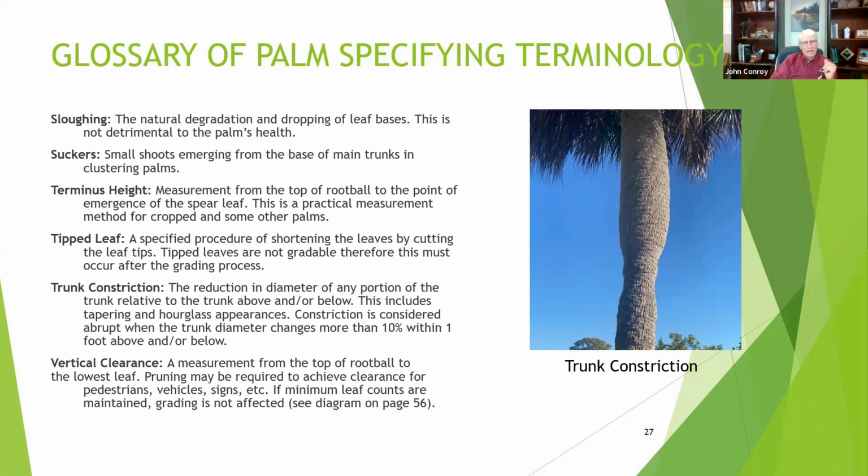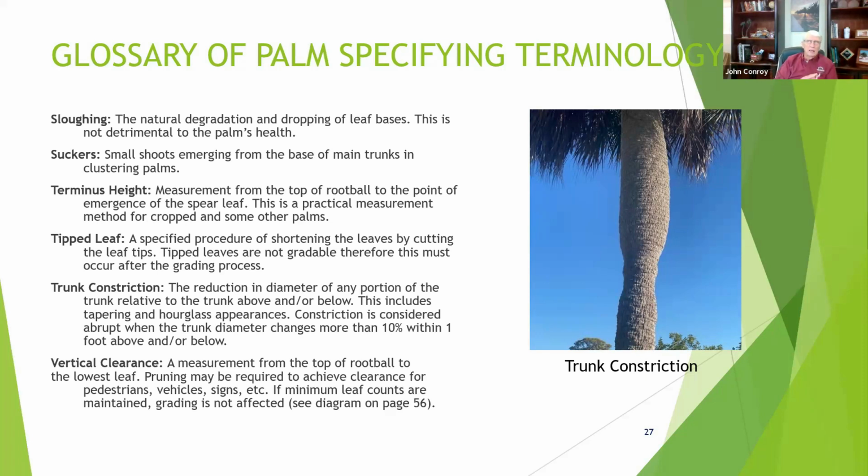Terminus height, that's particularly useful for trees like cabbage palms because it's a bit unclear sometimes where the clear trunk might be because the leaves are all gone if it's a cropped tree or cropped palm.